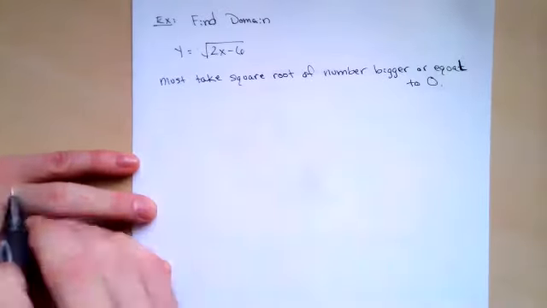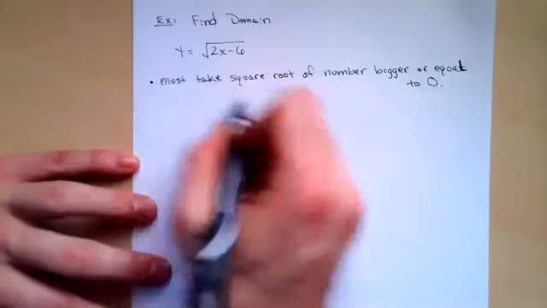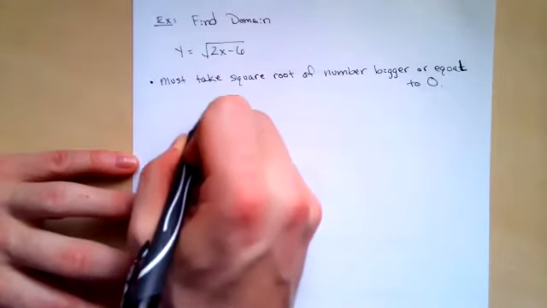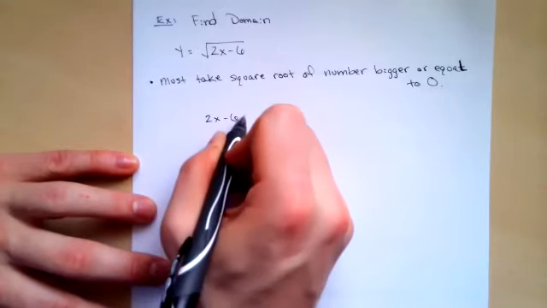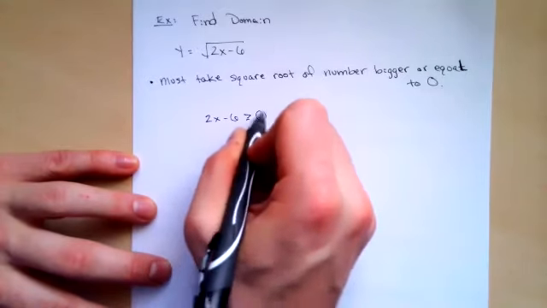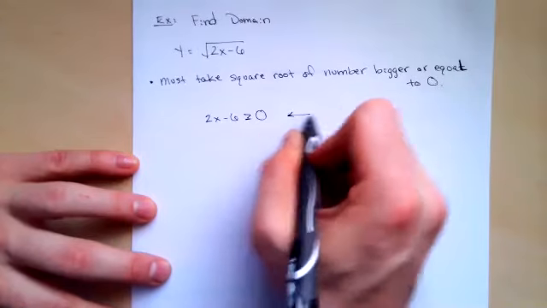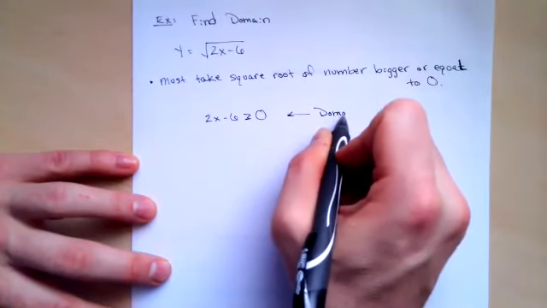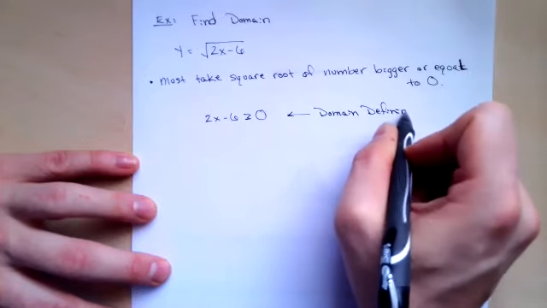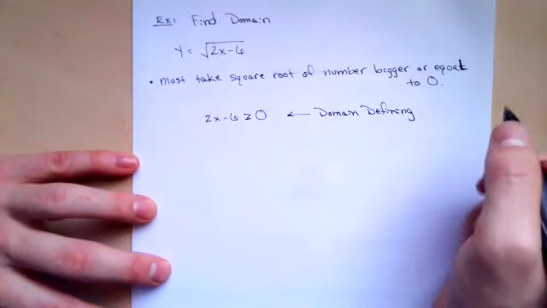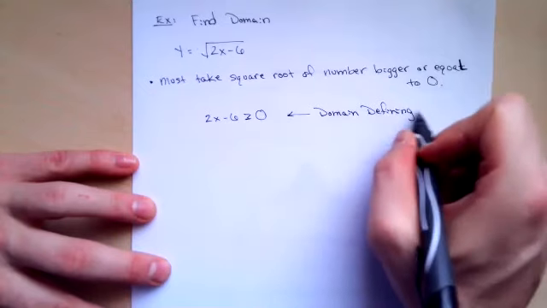In other words, what does this say as a mathematical sentence? It says everything underneath the square root has to be bigger or equal to 0. And this is our domain defining inequality.